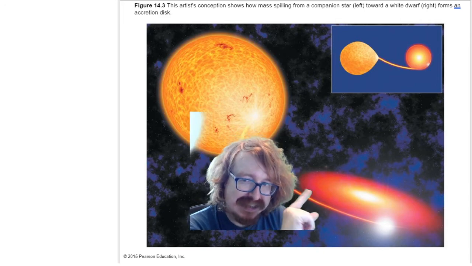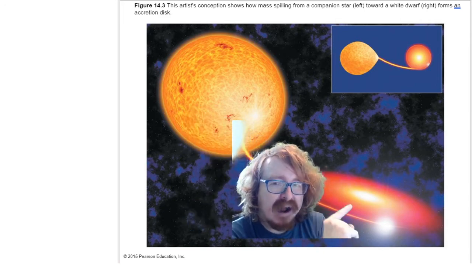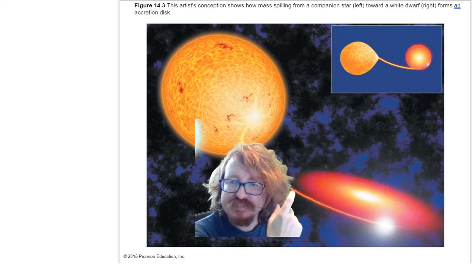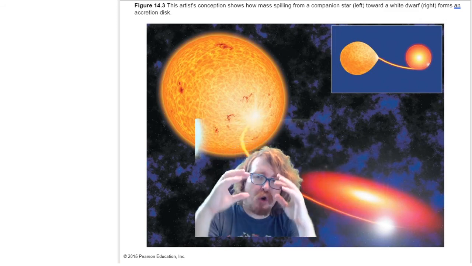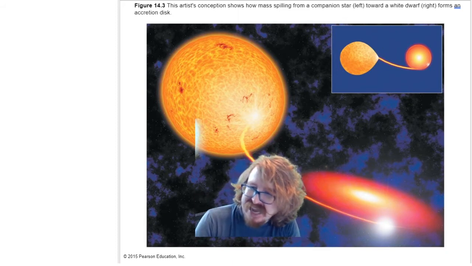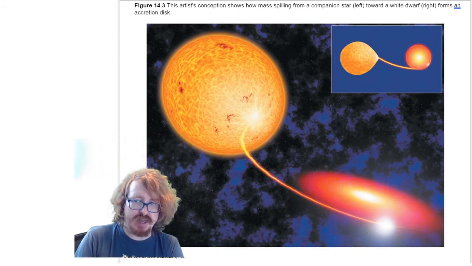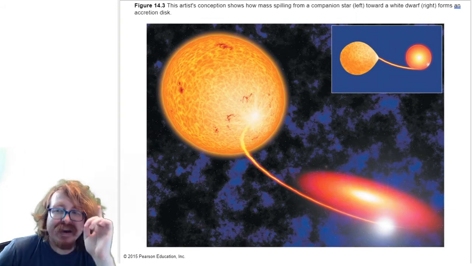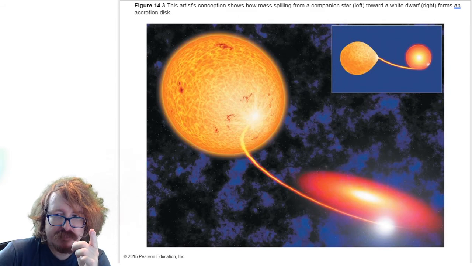Okay, now, because of the gravity of the white dwarf, this disk is crushed tight. And if we crush it tight, its temperature will change. If you take a gas and crush it, what happens to its temperature?